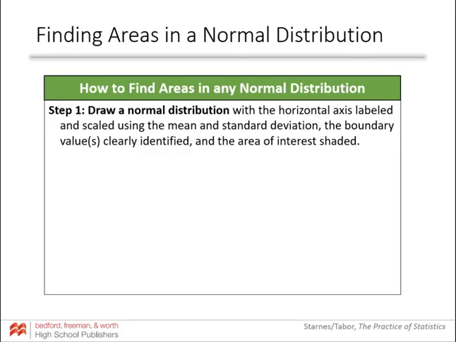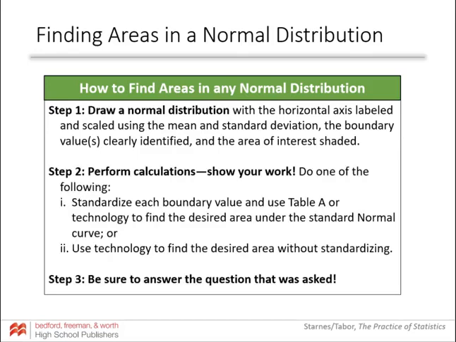Okay, so here are our steps. We are going to draw the curve and shade the area that the problem is asking us to find. So we're always going to give ourselves a picture. We're going to perform calculations. There, you'll see there it talks about using table A or standardizing the values.